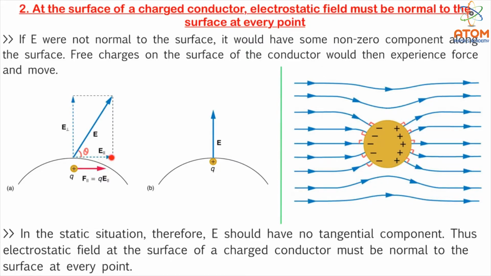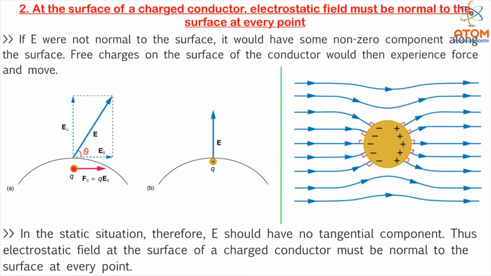Now, due to this parallel component of the electric field, obviously this charge will feel a force, and all other charges, whatever will be here, will all feel some force in the direction of the electric field. As we have shown, this is a positive charge, so this positive charge will feel a force in the direction of the electric field.